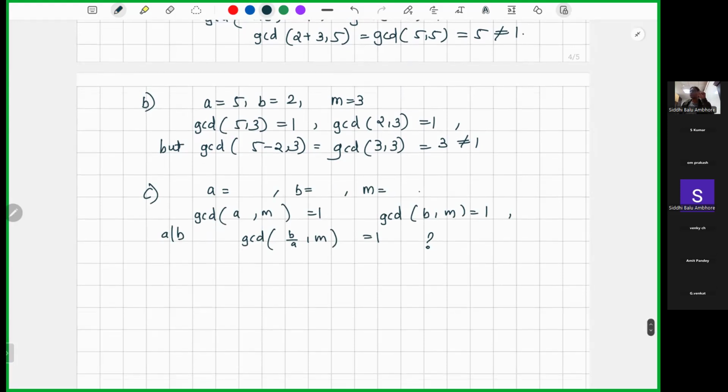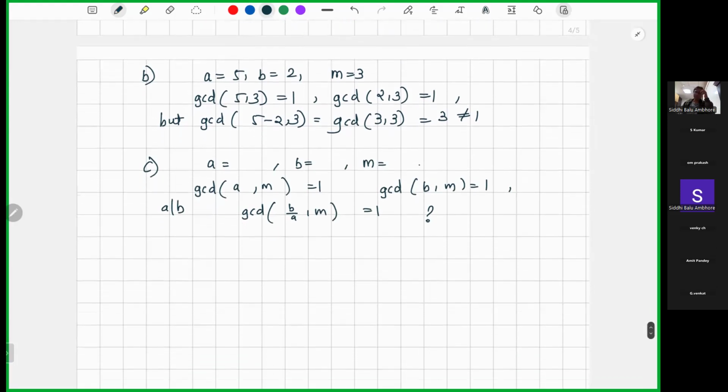We can choose something easy. We want some A that divides B. AM and BM need to have GCD 1. So 2, 3 has GCD 1. And 4, 3 also has GCD 1, and also 2 divides 4.